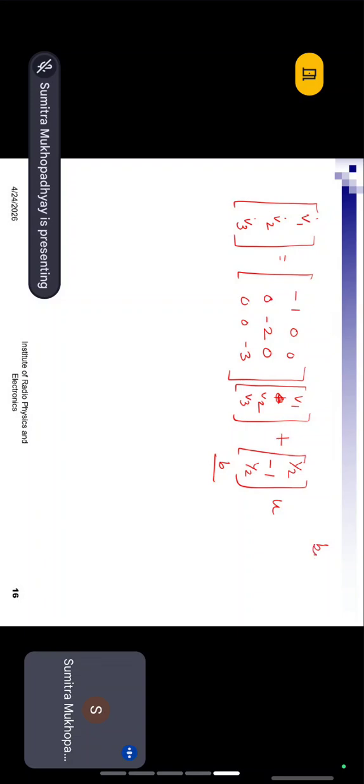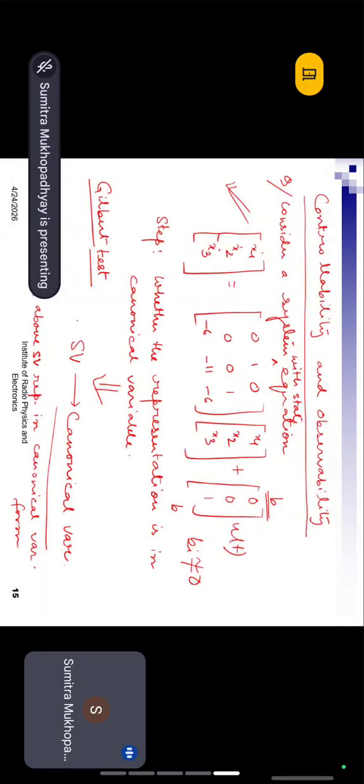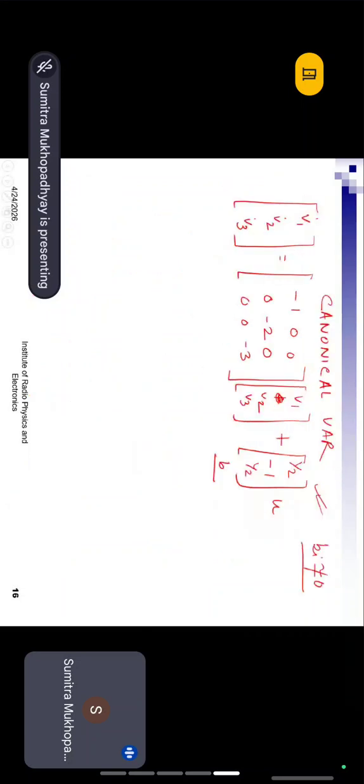That is, not equal to 0. So the system is controllable. We can say this by observing the B matrix in canonical variable form. But you have to specify this state variable to canonical variable representation, which you do through matrix diagonalization.